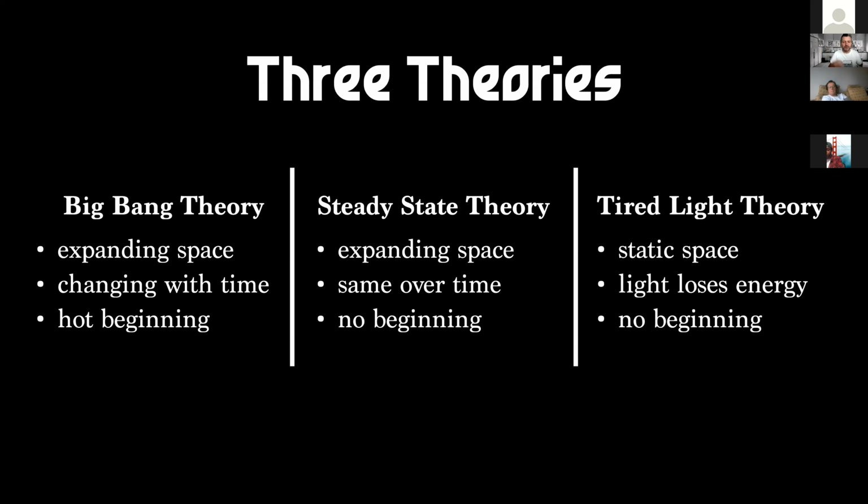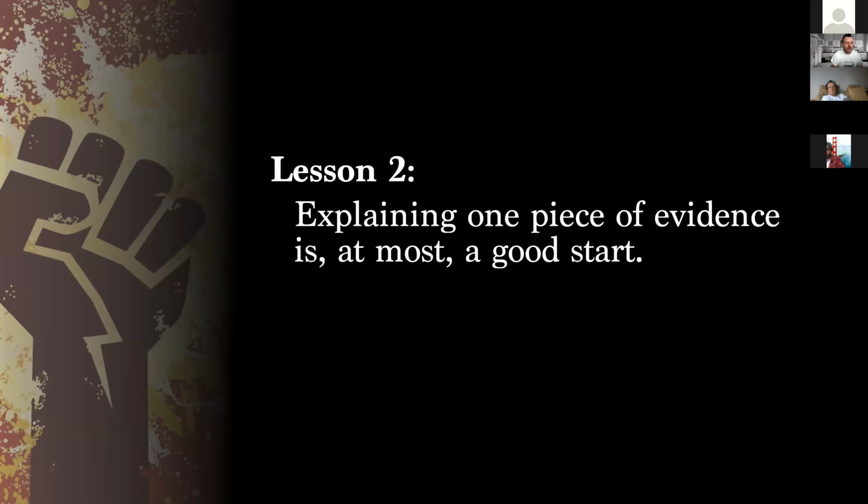So if you're going to put forward a theory, then explaining at least one piece of information is at most a good start. And what we have is that those other theories fall over with other observations. So for Fred Hoyle's steady state theory, observations of the distant universe show that it is different to the nearby universe.